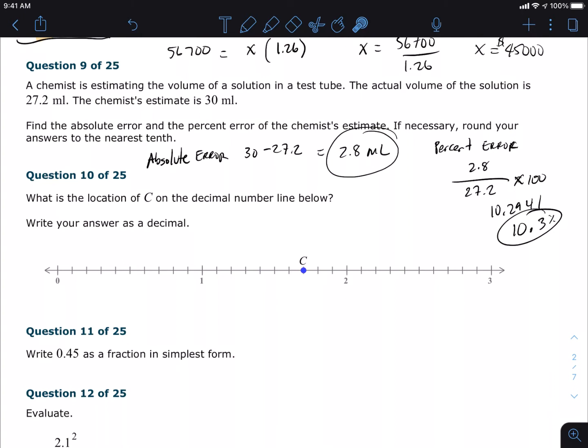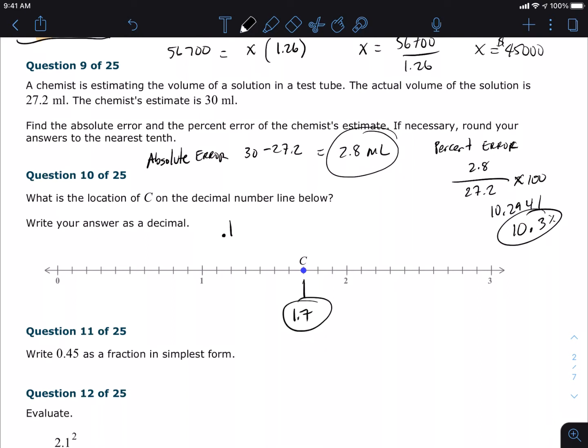So this tells me that each one of those lines is a 10th value, right? So this is 1 and 1/10, 1.2, 1.3, 1.4, 1.5, 1.6. So C is at 1.7.